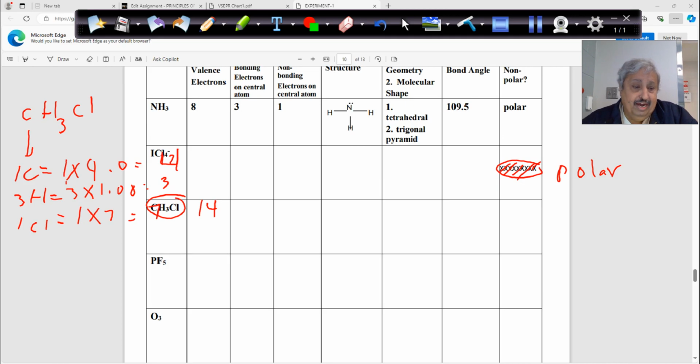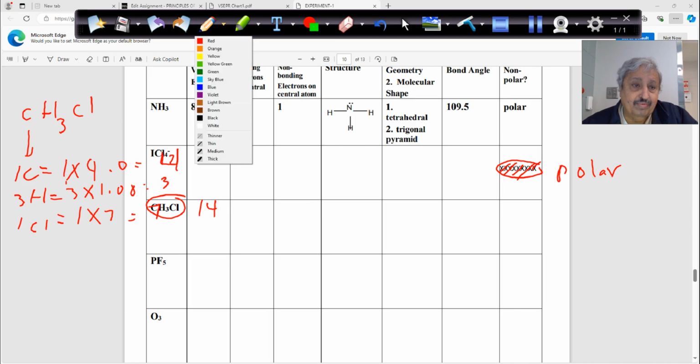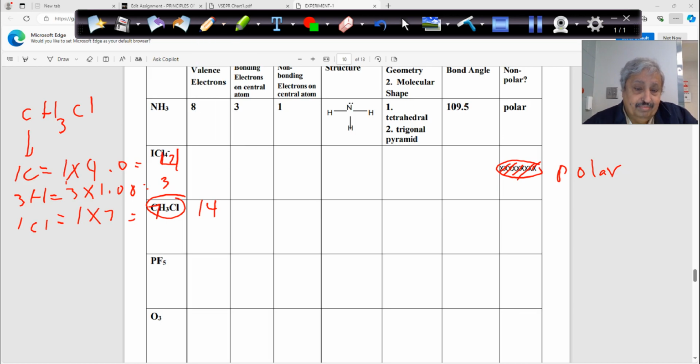So now, when you look at this, the central atom has to be what? Carbon, because that's the least electronegative. And hydrogen is always terminal, you like it or not. You cannot put it in the middle of the molecule. So carbon is here, chlorine is here, 1 chlorine, correct?